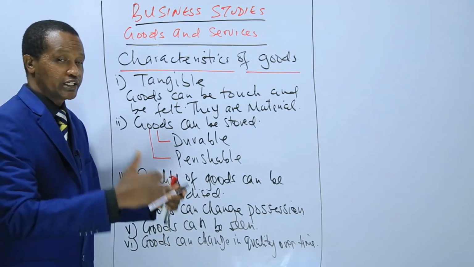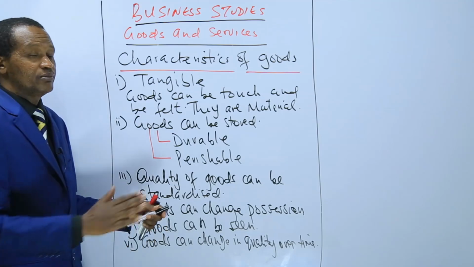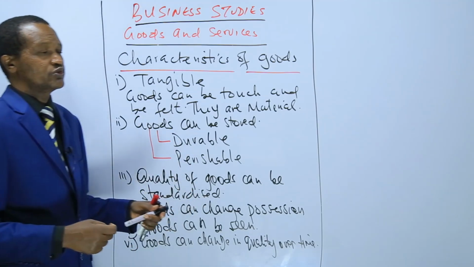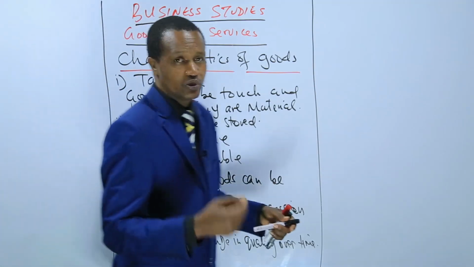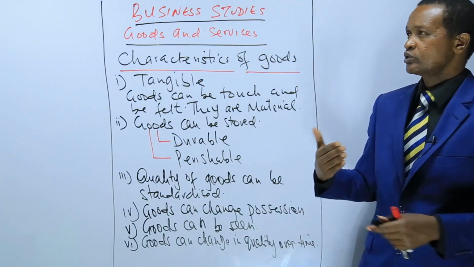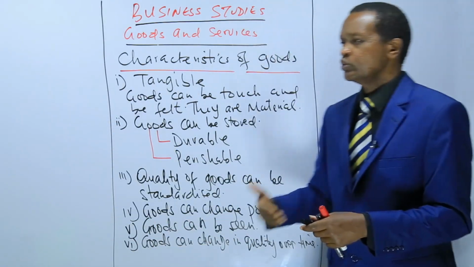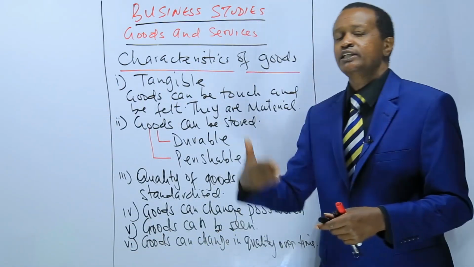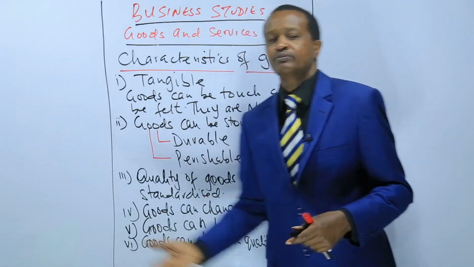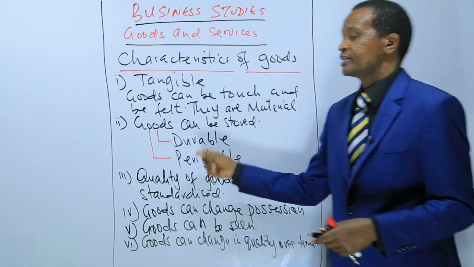You bought it when it was nice, the color was okay, but over time you see it loses in value. You've also seen some motor vehicles that look very old. There are those that look new, because over time goods lose value, what we call depreciation. Goods depreciate over time. But of course there are some exceptions.